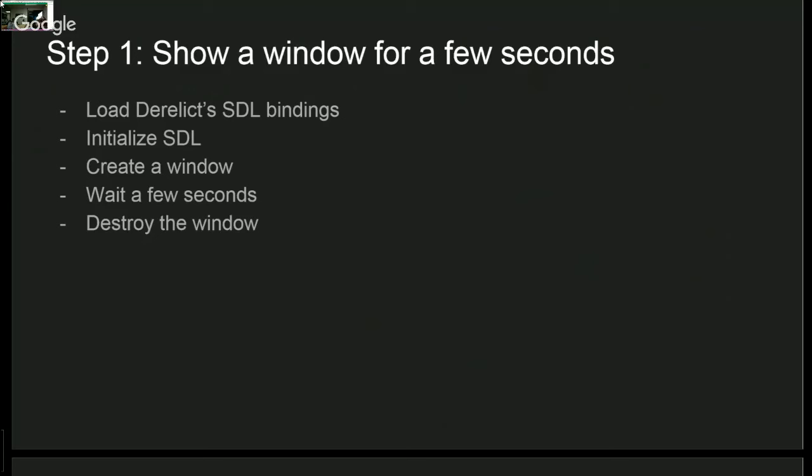We need to create a window. Then we wait a few seconds and then we free the resources and destroy the window. The last part would probably be considered optional at this point, because the operating system should take care of that for you when you exit the program. But since we're good programmers, we will do some manual freeing of resources here.